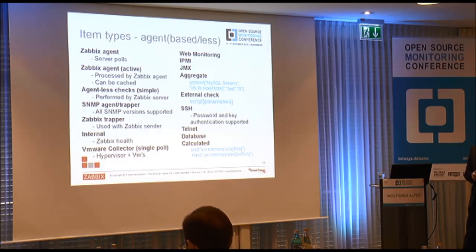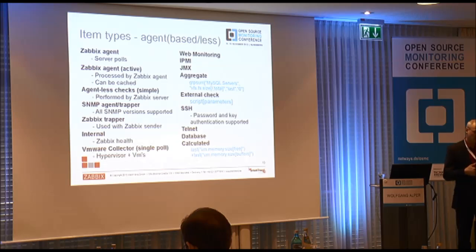Zabbix Sender is a nice tool that allows you to inject data from an application or from a script that's usually not used in monitoring environments. An example: you've got a self-written backup script, and you would like to pass over the state of the result, like whether there was an error, whether it was running okay, and stuff like that.